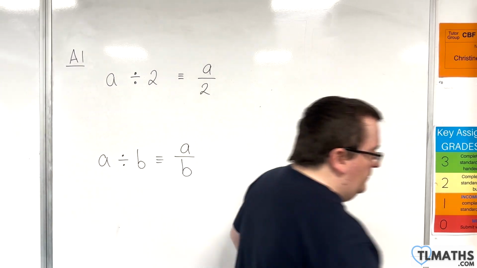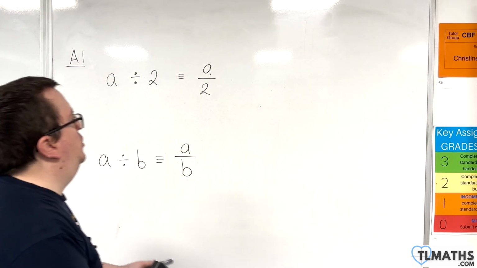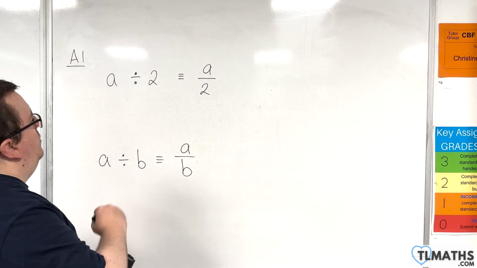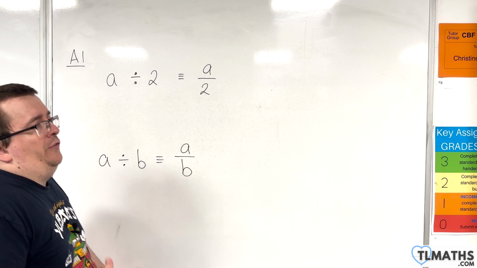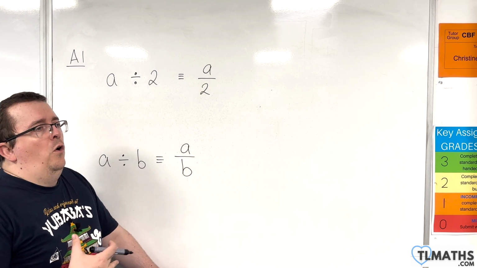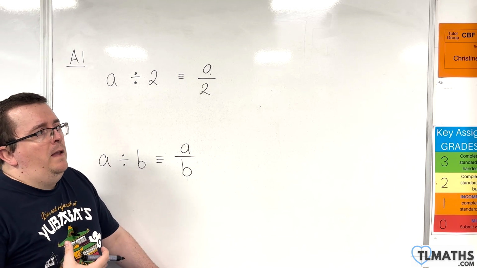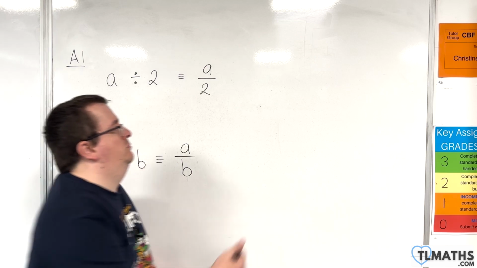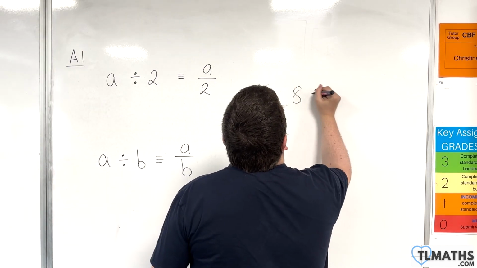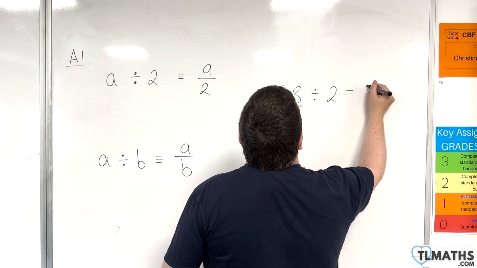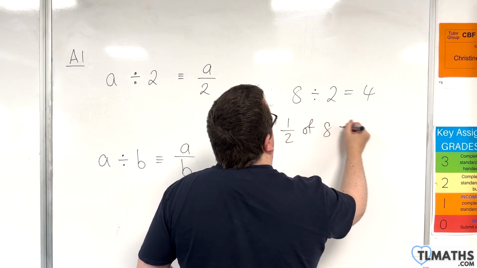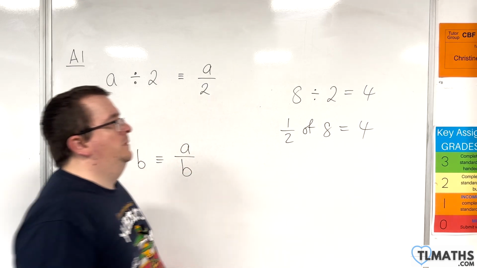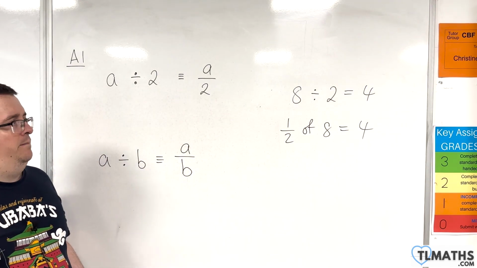Now, when we divide by 2, that is the same as multiplying by 1/2, because it's like saying, well, what is 8 divided by 2? 8 divided by 2 is 4. What's 1/2 of 8? Oh, it's 4. These two things mean the same.